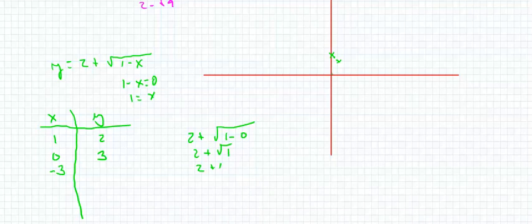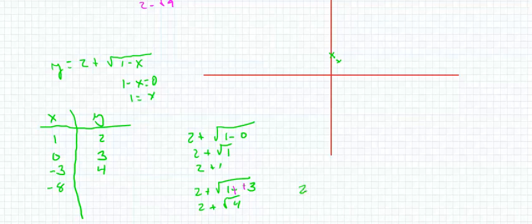Positive 1, 0, negative 1, negative 2, negative 3. That's 4 over. 2 plus the square root of 1 minus negative 3, which is plus a positive 3, 2 plus the square root of 4, which is 2. We're at 4.